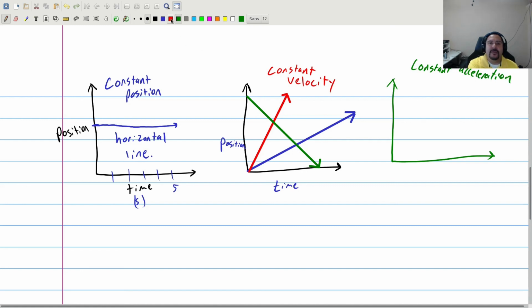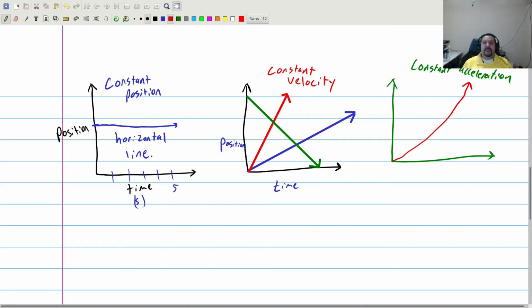And the phenomenon that we see there is very similar to what we saw on that red car as it rolls down my driveway. It's the same sort of thing. So we can expect to see the same sort of graph that is formed. We could predict that we will have sort of half a parabola here as it gets faster and faster and faster as it starts to roll down the ramp.